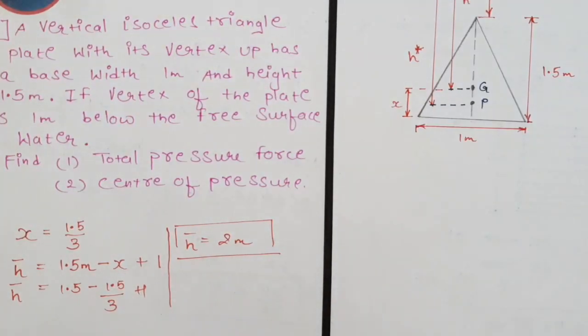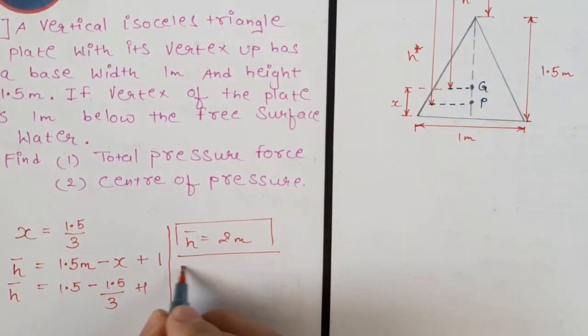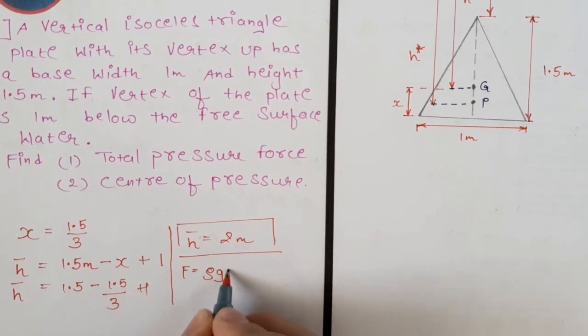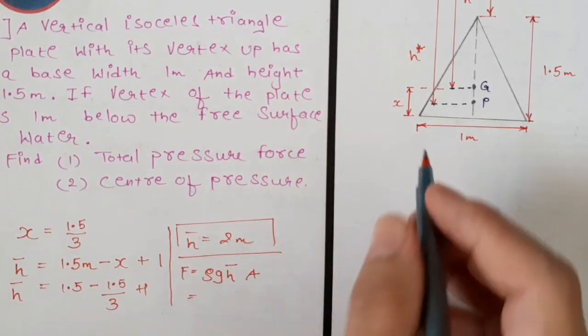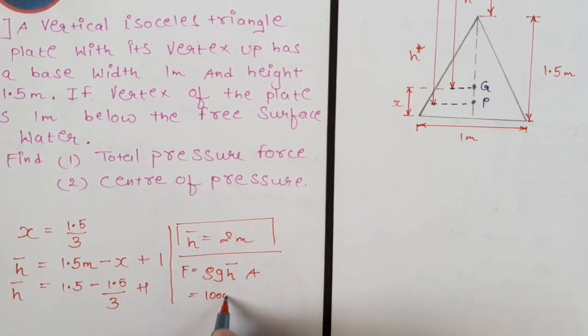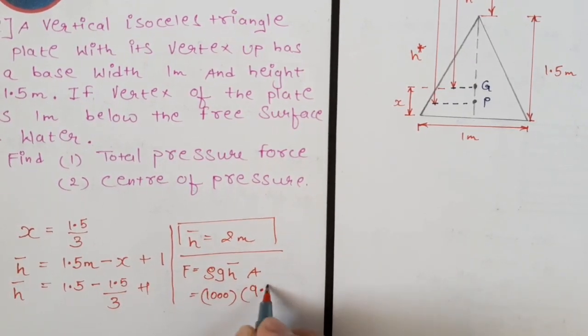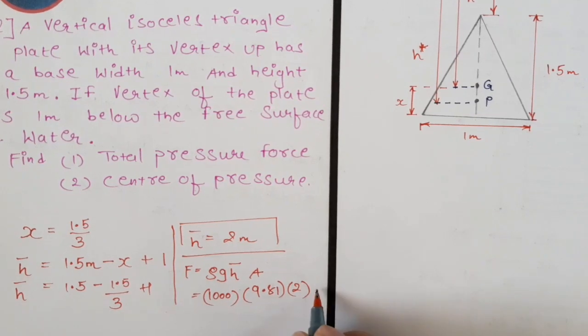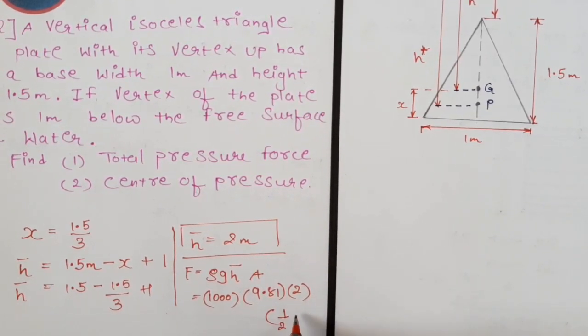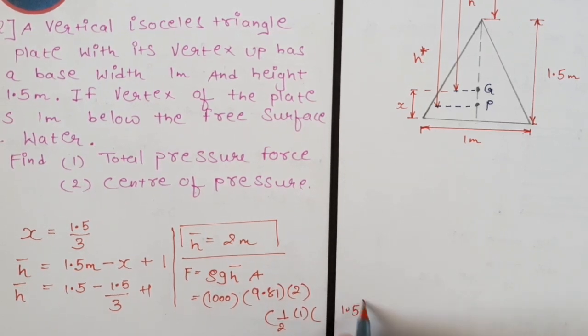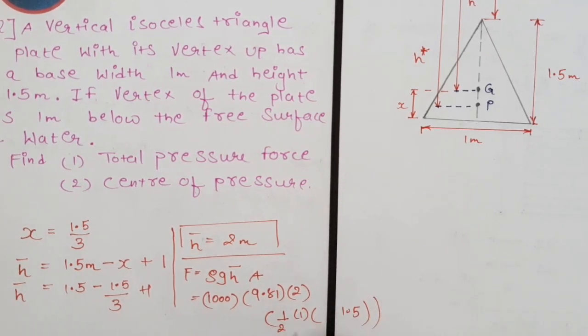So now we can calculate the total pressure force. F is equal to rho g H bar into A. What is rho? As the liquid is water, the density will be 1000, g is 9.81, H bar is 2, and the area of the triangle will be half into base, 1 meter, into altitude, 1.5. So the area of a triangle is half into base into altitude.